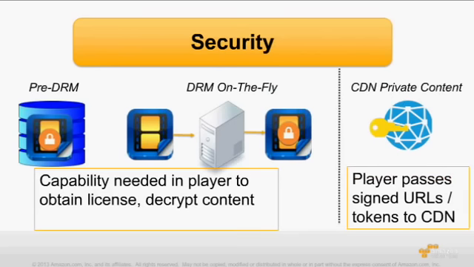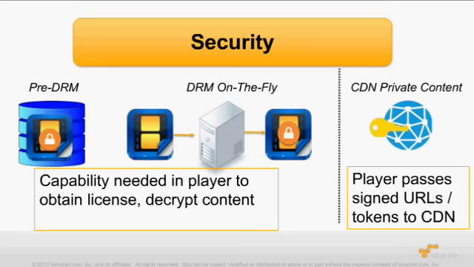Security is another important consideration. From a security perspective, there are a variety of different options that are available for you to secure your content when you deliver it to your viewers. So customers will sometimes pre-DRM the content when they're encoding the content. With that option, you're able to DRM your content without the need for a packaging server in the delivery chain, but DRM needs to be supported in your encoder.